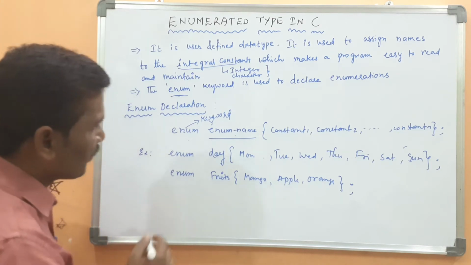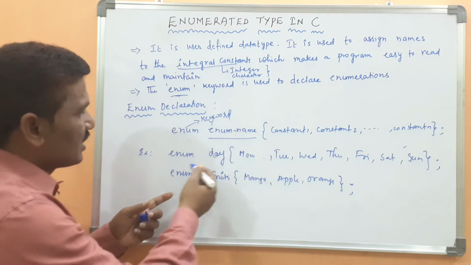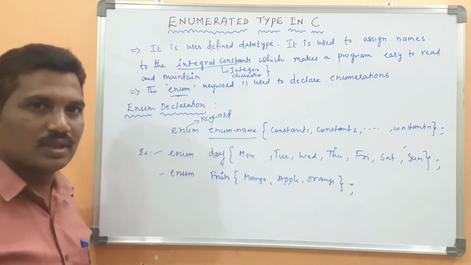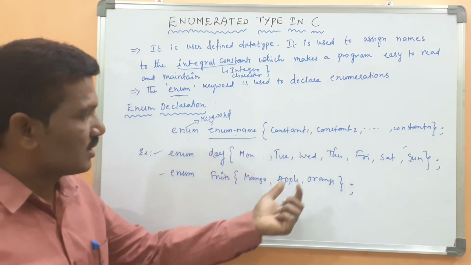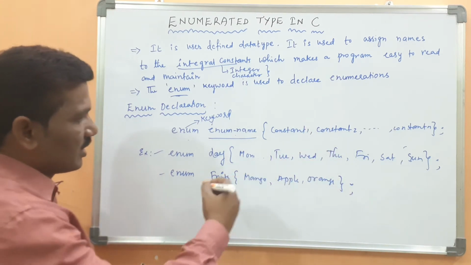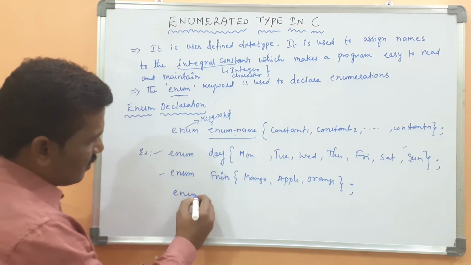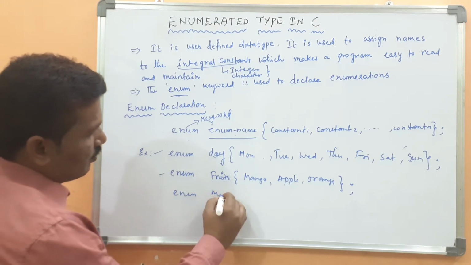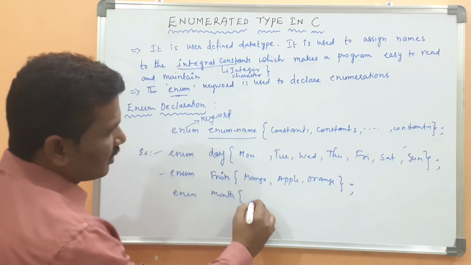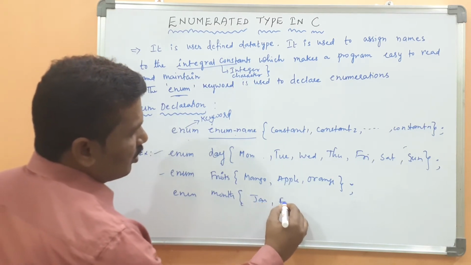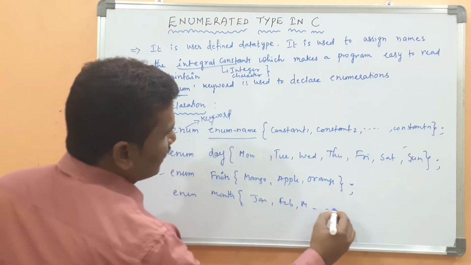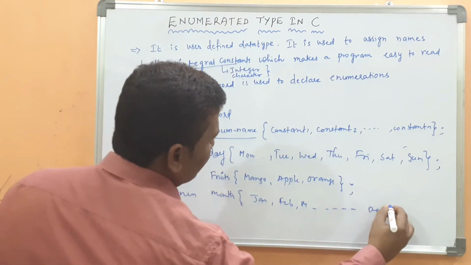Wait for it. These are syntaxes, and as per the syntaxes, I have given two examples. This is one example as per the syntax, and this is another example. Another one, month: enum is the keyword, month, then you can give January, February, March, like that, December.